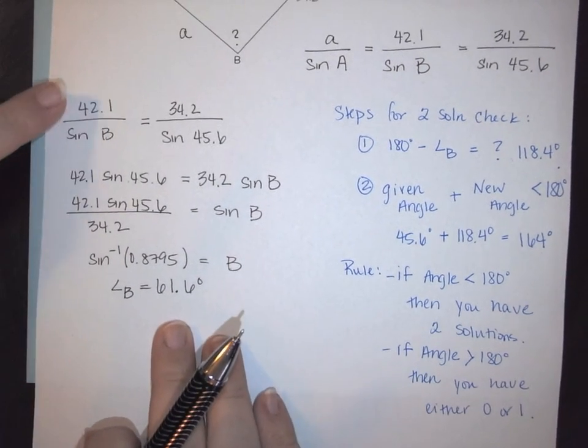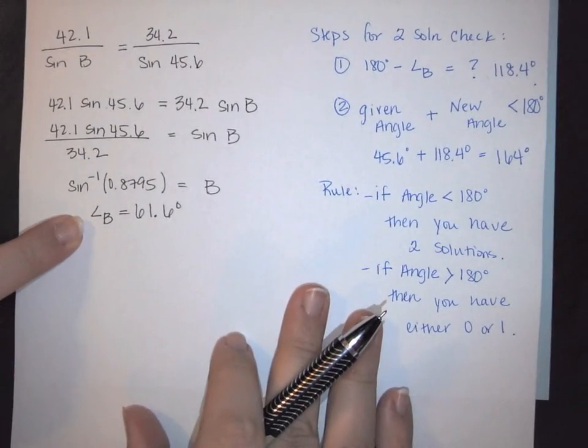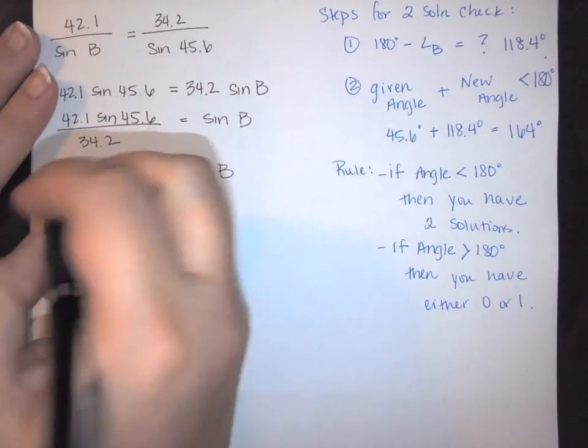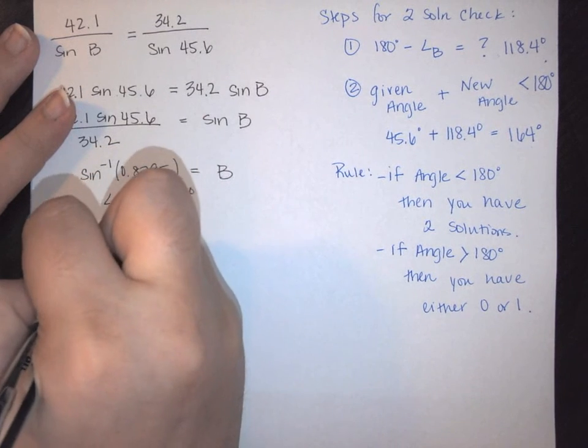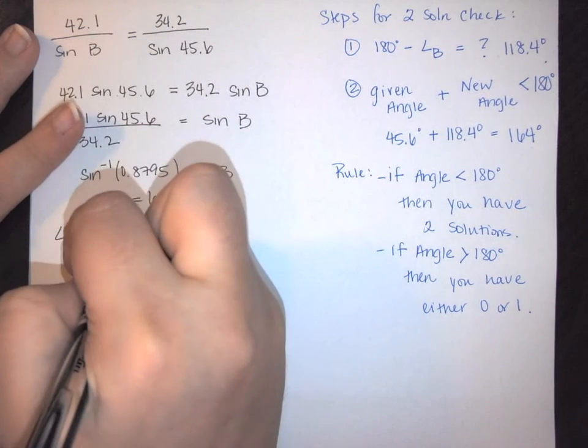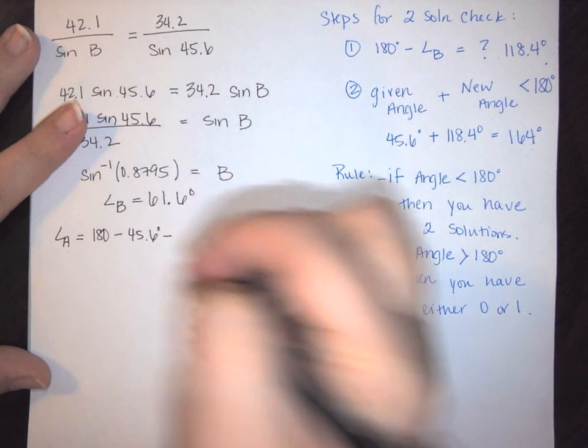Now that you have angle A, we can use the law of sines to finish the problem out. So now we're going to have A over the sine of 72.8 is equal to 34.2 over the sine of 45.6.